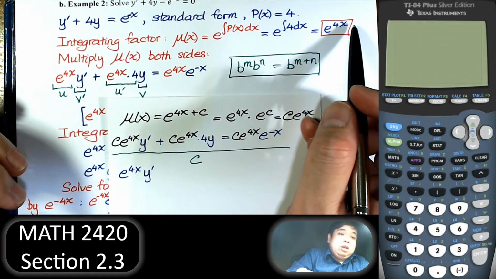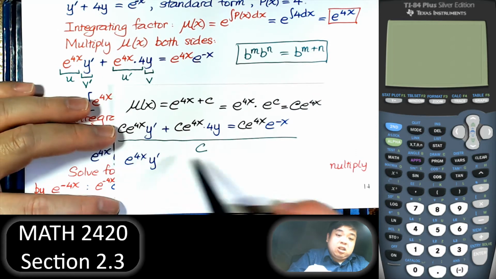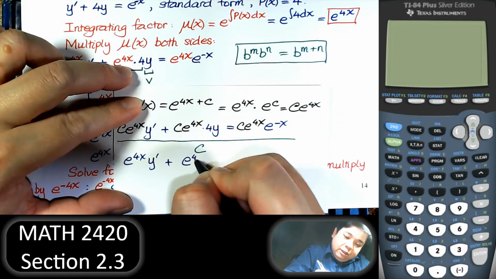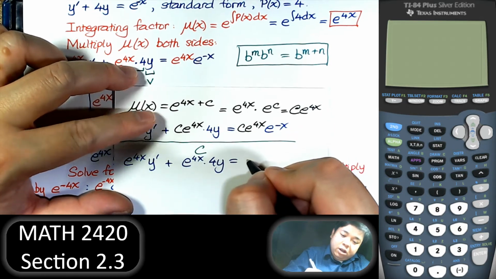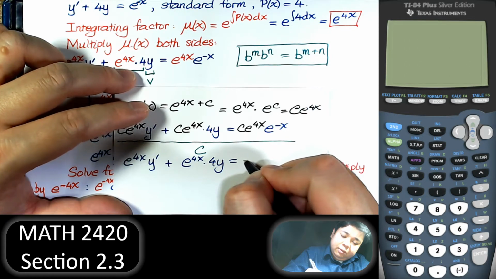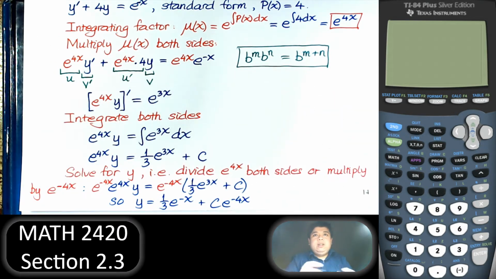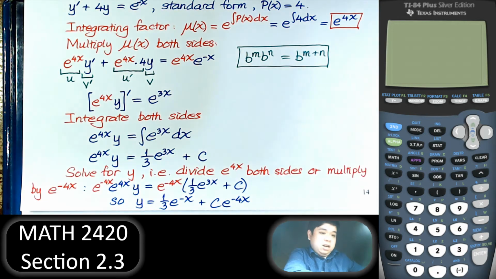Most books don't explain why we don't need the constant c there, and this is why. Because c cancels on both sides. That's why when we do the integrating factor, we don't need the constant c there.